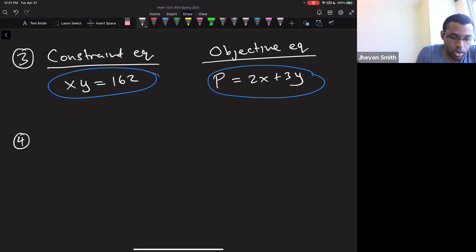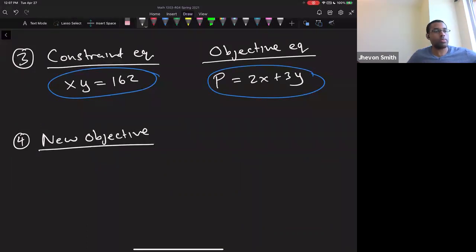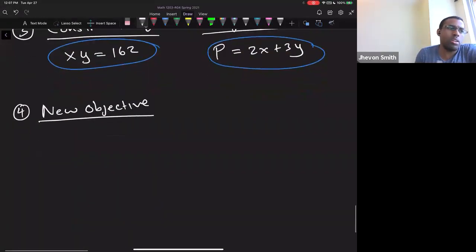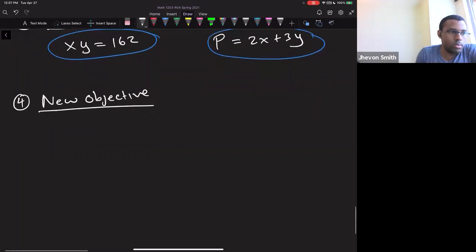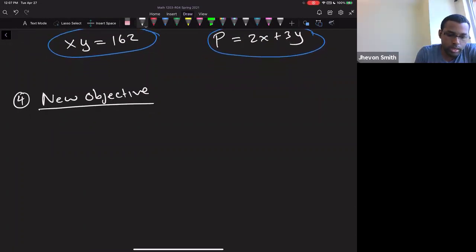4. We're going to need a new objective. So I can solve for any one. So let's say solve for y.